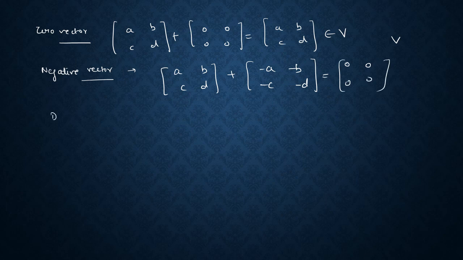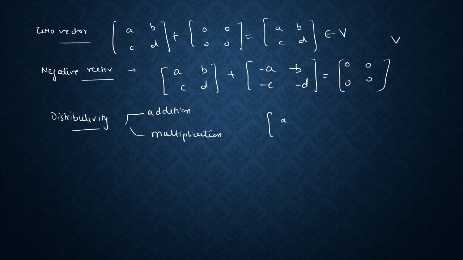Then if we talk about the distributivity, there are two senses of proving it. Distributivity of addition, right? And then you can have multiplication as well. In both of the cases, you can assume a general 2 by 2 matrix.